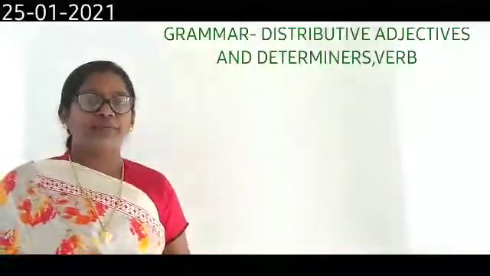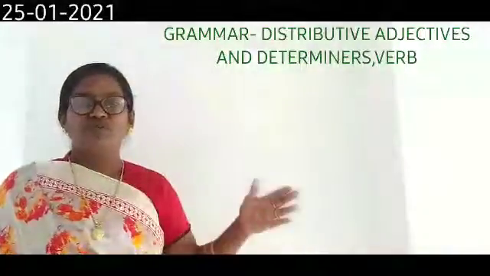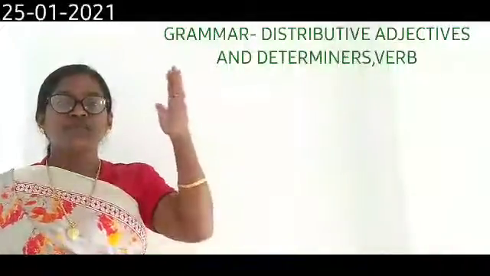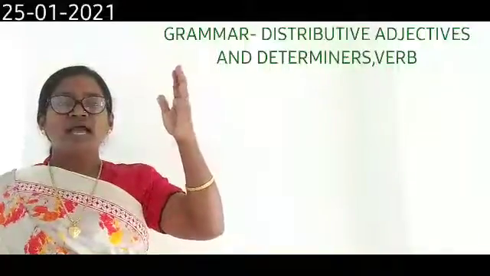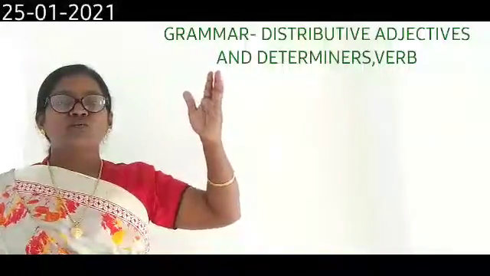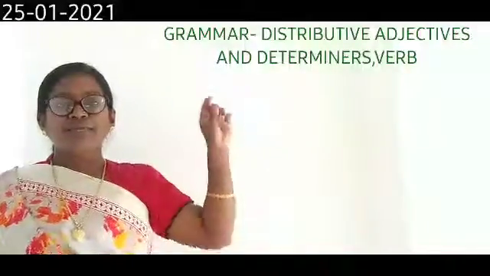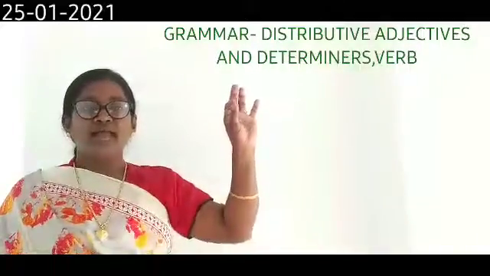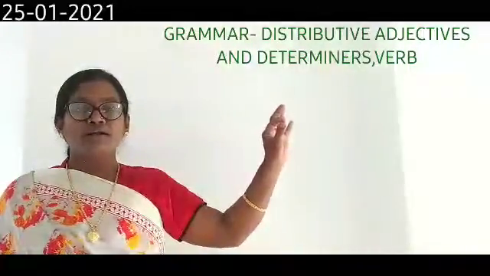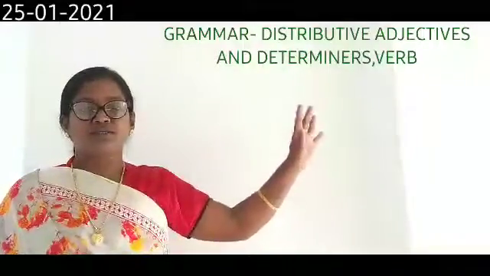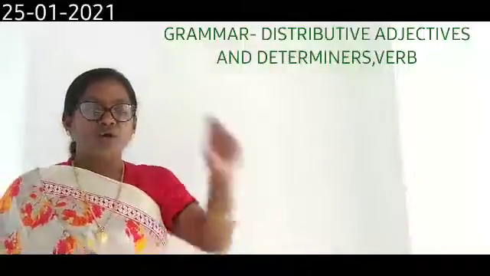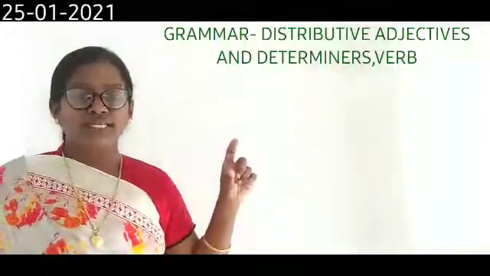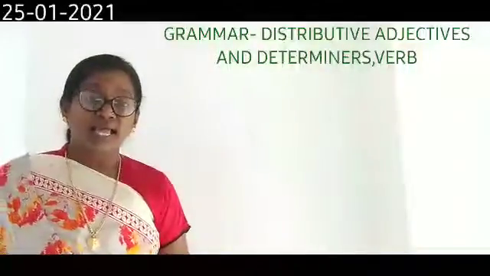As you all know, helping verbs include be form verbs, do form verbs, have form verbs, and all modal verbs. Take the be form: be, is, am, are, was, were, being and been. All be form verbs, all the primary auxiliaries and modal auxiliaries are considered helping verbs.